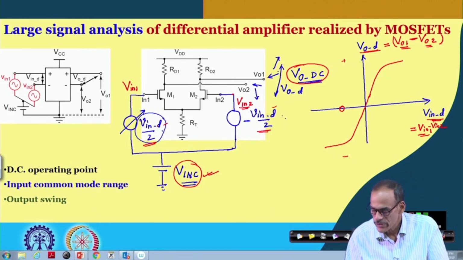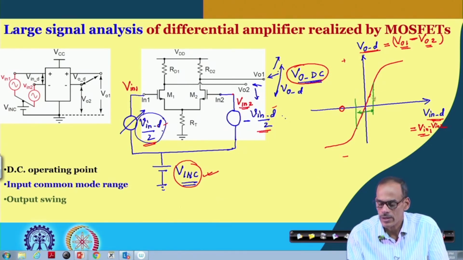Now, whenever we talk about small signal, what we have essentially considered is that the range of this input voltage is small enough that we are talking in the small range, and the slope of this characteristic curve is the gain, the small signal gain.